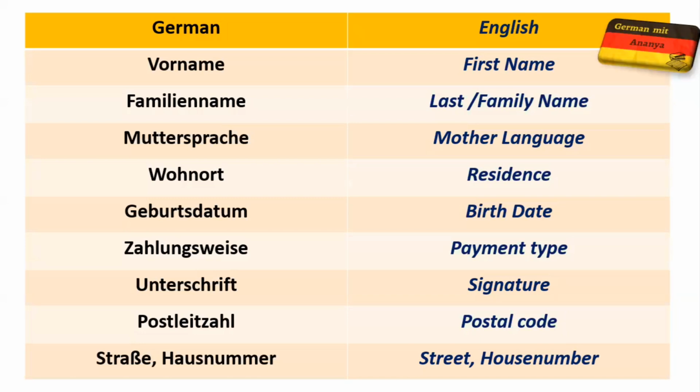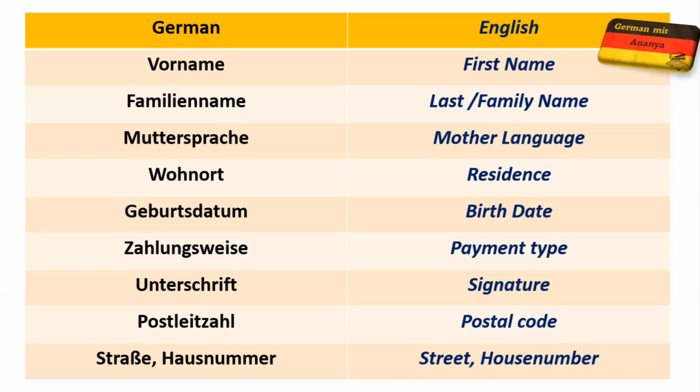So let's start. German and English. Vorname, first name. Familienname, last name. Muttersprache, mother language, or you can say mother tongue. Wohnort, residence. Geburtsdatum, birth date.